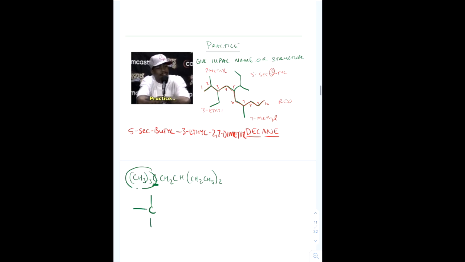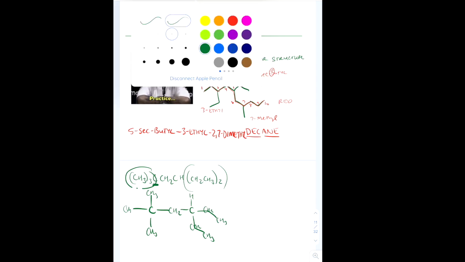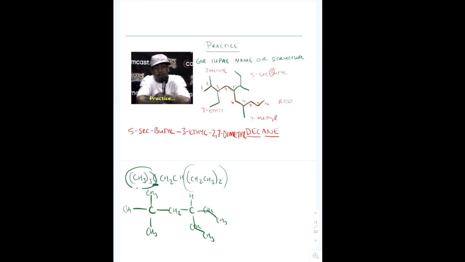So methyl, methyl, methyl, and then there's a CH2, and then there's another carbon with a hydrogen, and on that carbon are also 2 ethyl groups. So these are CH2, CH3, CH2, CH3. These are CH3s. Now what we want to do is look for our longest chain.